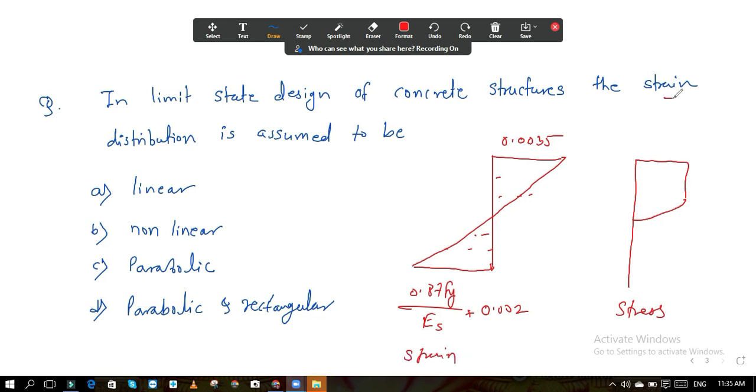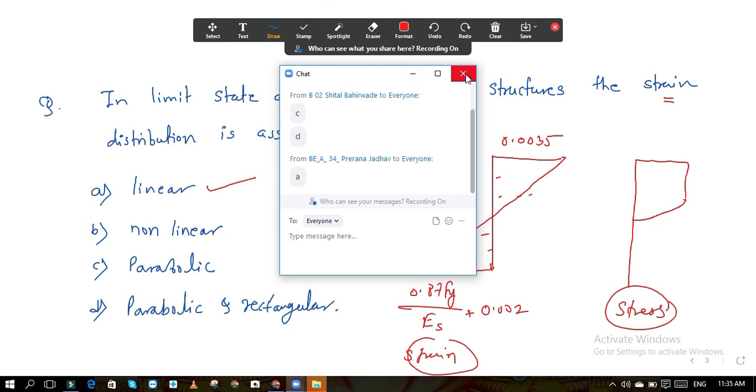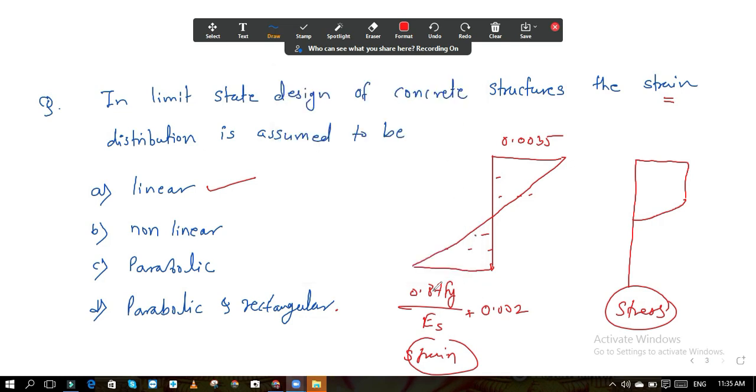They have asked us for the strain. So parabolic and rectangular variation is for stress. Okay, for strain it is linear. Okay, this is the linear. Is it clear? Okay, for strain it is linear variation is there. For stress you can say that this part is parabolic, okay, and this part is rectangular.